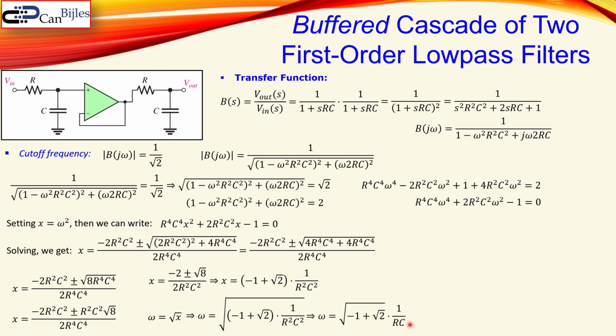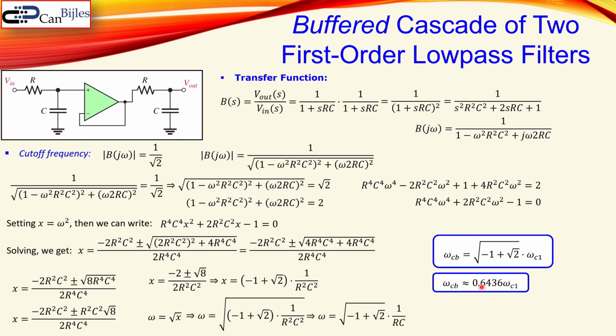And this is now the expression we can again compare with the cutoff frequency of our simple first order low pass filter. So the cutoff frequency of this buffered cascade of two first order filters is this scaling, which is the square root of minus 1 plus the square root of 2, times the cutoff frequency of the simple first order low pass filter, which is 1 over RC.